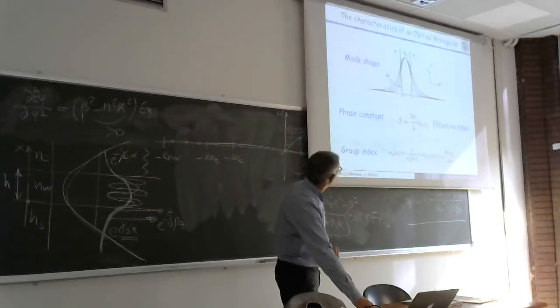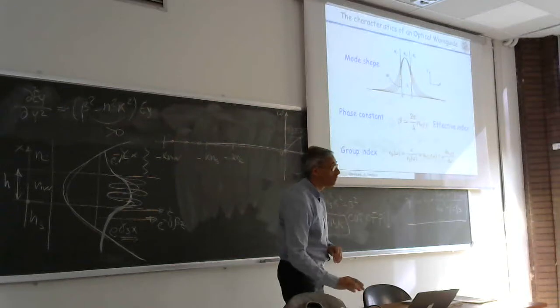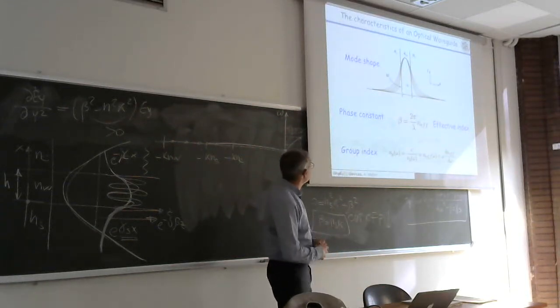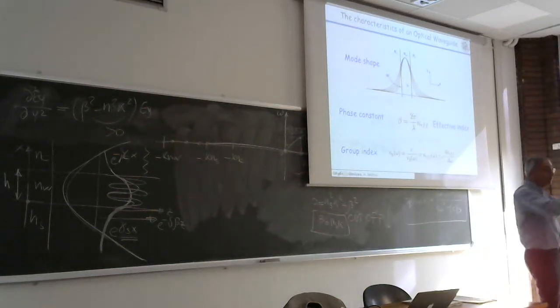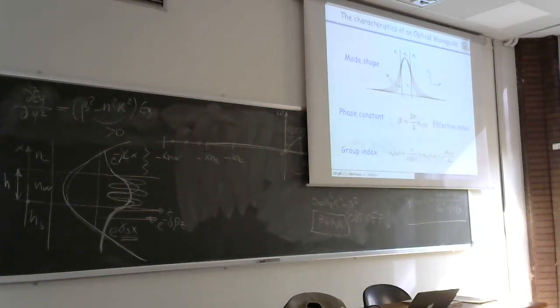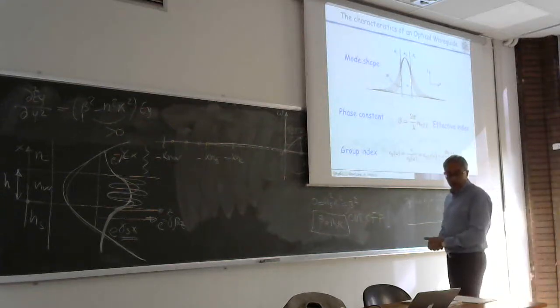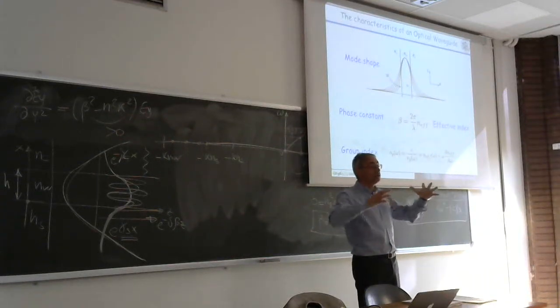In a slab waveguide, we have seen that for a guided mode we have a cosinusoidal shape in the core and an exponential decay outside. So this is our slab waveguide, and the shape of the mode is more or less this bell shape, Gaussian shape, or whatever, not clearly Gaussian because it's exponential. If you change the frequency or the wavelength, the shape of the mode changes a little bit.